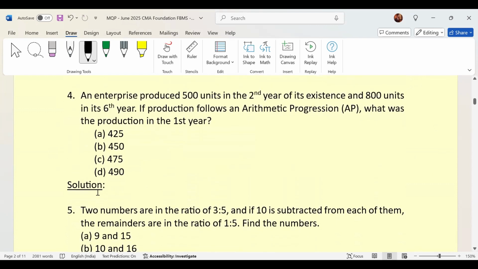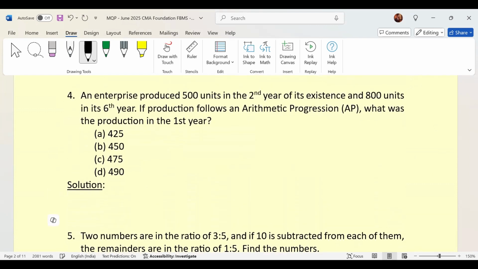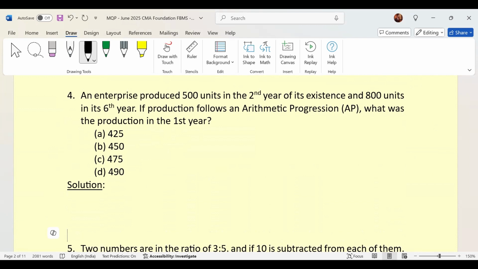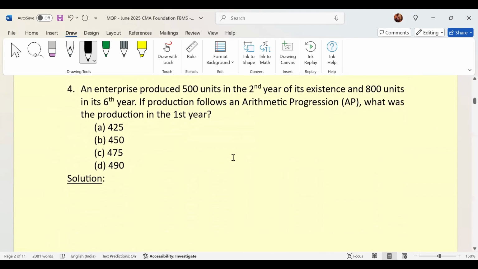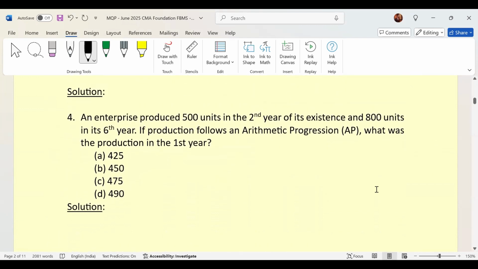Question number 4. An enterprise produced 500 units in the second year of its existence and 800 units in its 6th year. If production follows an arithmetic progression, what was the production in the first year?